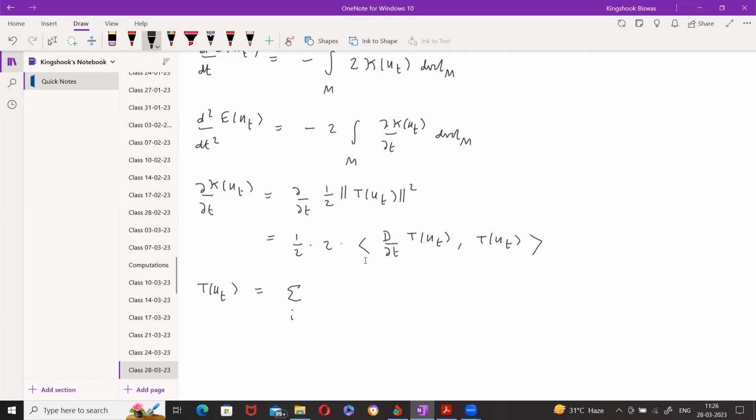It's a trace of the second fundamental form, and the second fundamental form is given by the second derivative along geodesics. So let me just write this directly. So D/∂t of tau(u_t) is D/∂t of the sum over i of D/∂s of ∂/∂s.